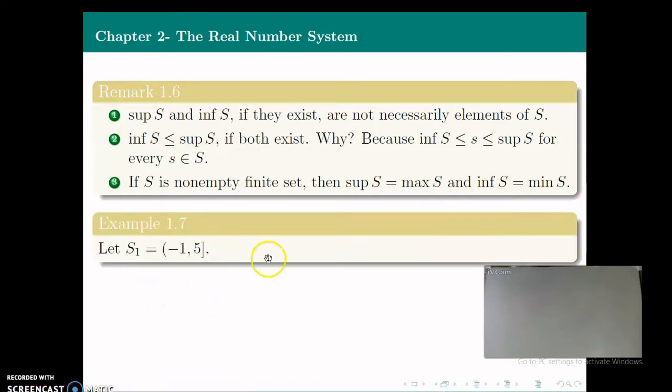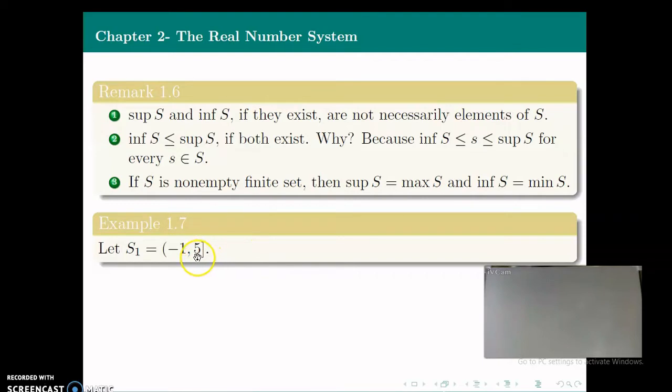So let's have here an example. We let the set S sub 1 be equal to this interval. By the way, the upper bounds for S sub 1, as illustrated a while ago, are values equal to 5 and greater than 5.